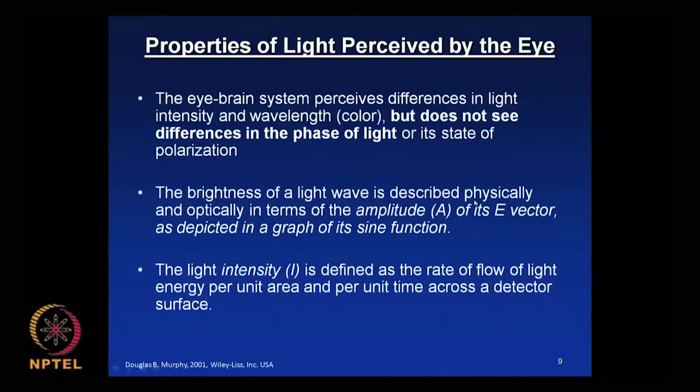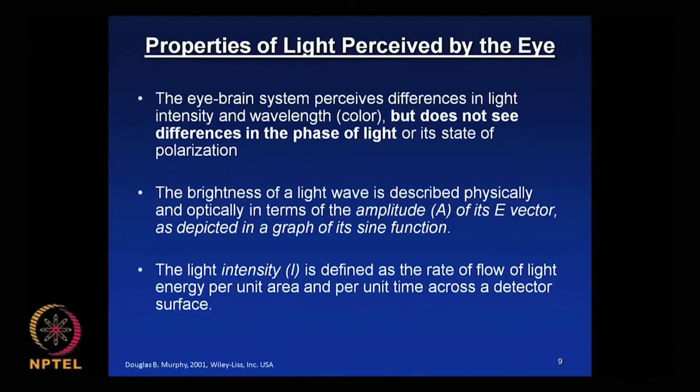Then if you start looking at the properties of light perceived by the eye, the basic understanding goes like this. The eye-brain system perceives differences in light intensity and wavelength, but does not see the differences in the phase of light or its state of polarization.